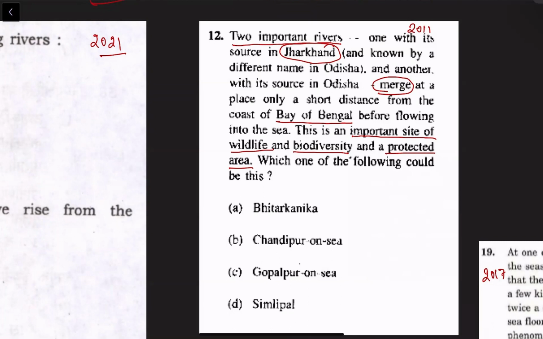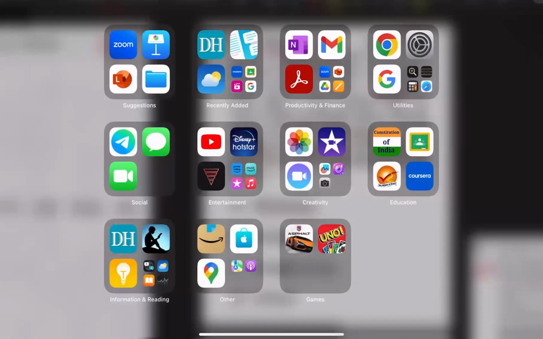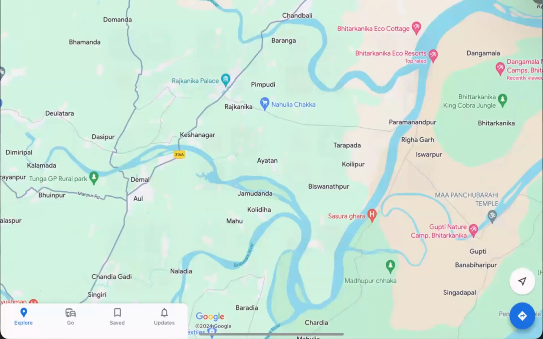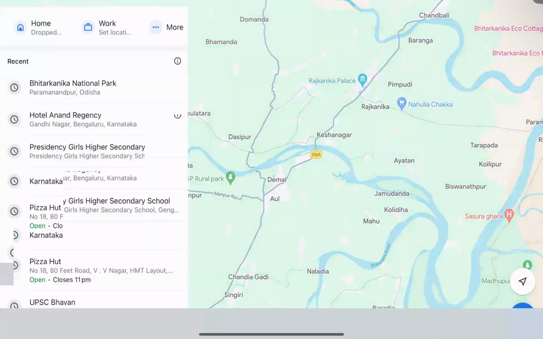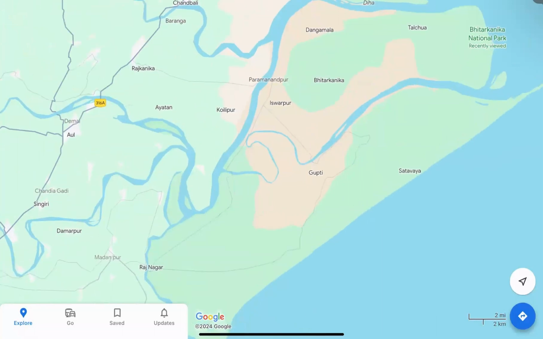When we cross-check the answer, the exact site mentioned here is Bhitarkanika. If you observe the map here, this is the Bhitarkanika Wildlife Sanctuary or National Park.